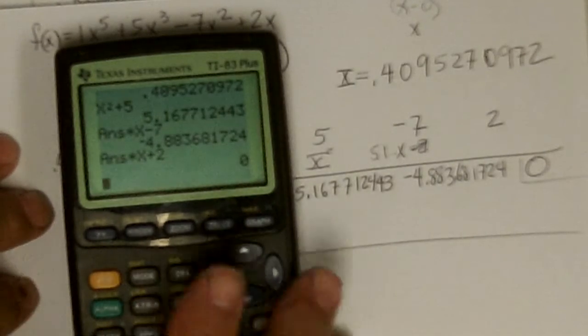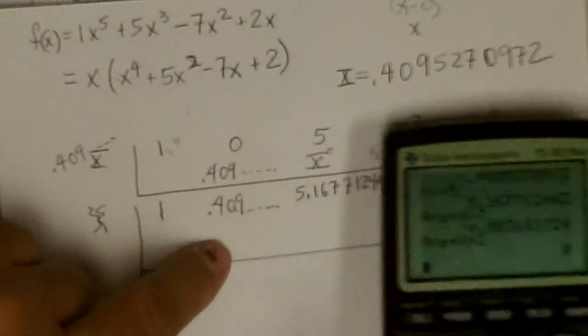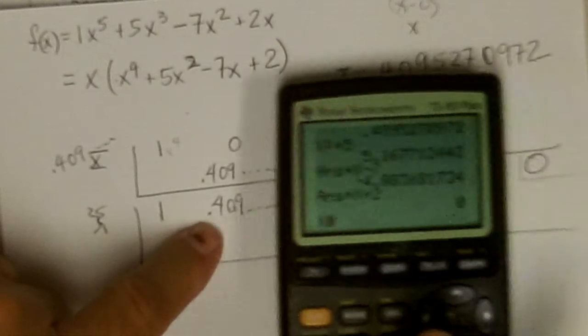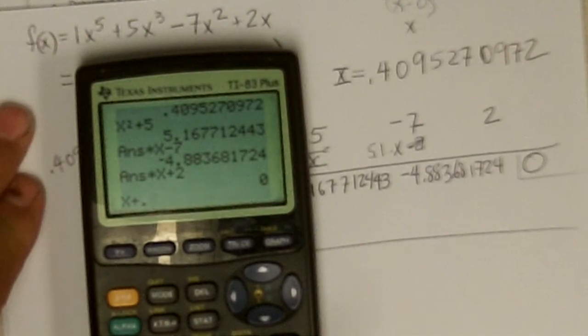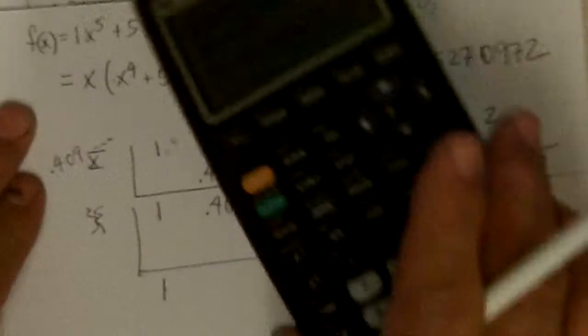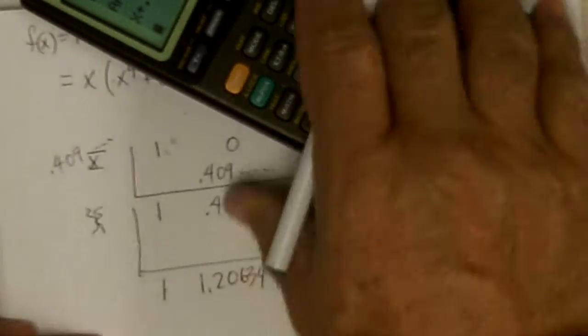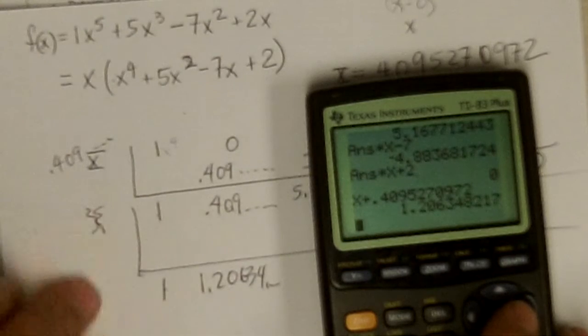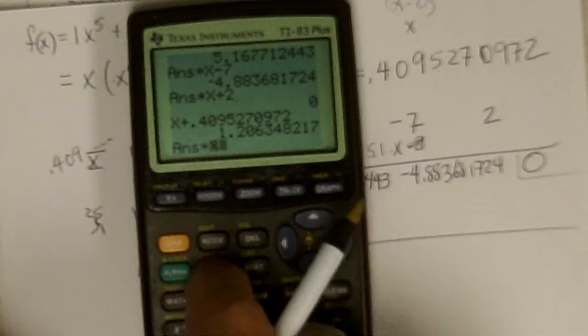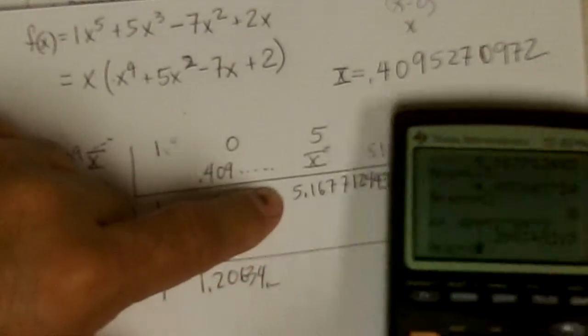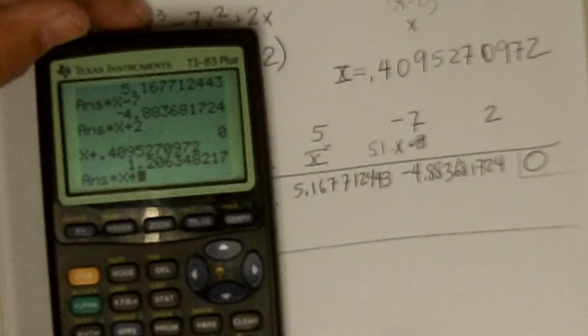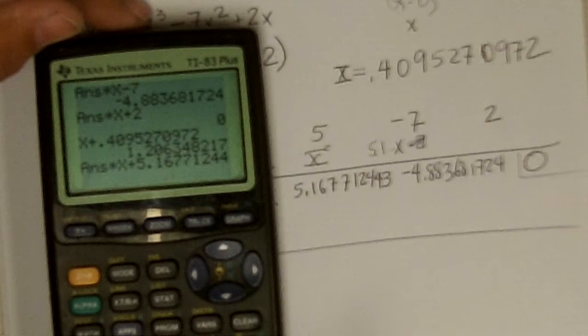So I have to do the 1 times the new x, which is the new x, plus the old x plus 0.40952700972, and I get 1.20634 and so on. I have to take this times x, so that answer times x, and then add this ugly number up here that we have, 5.167712443.